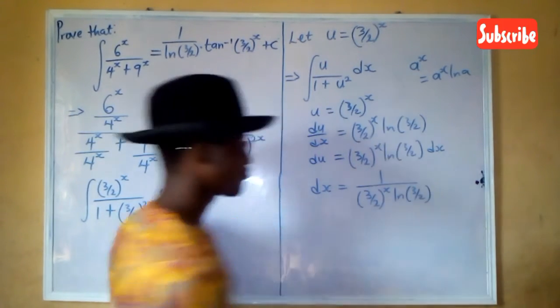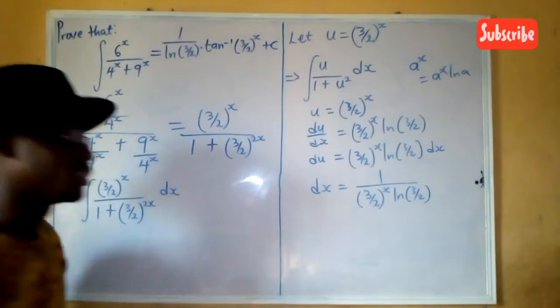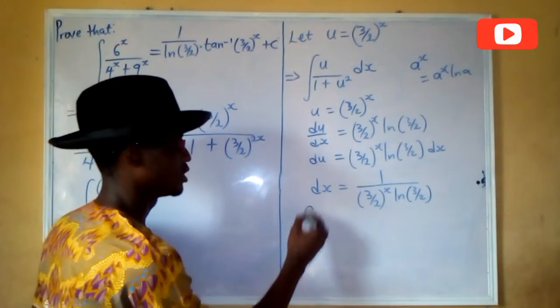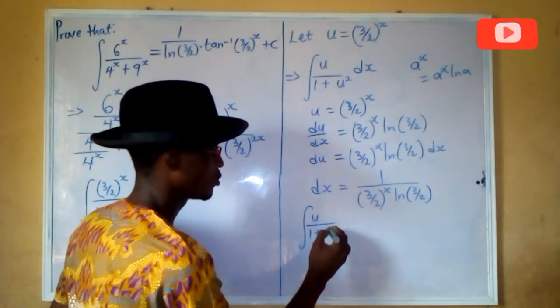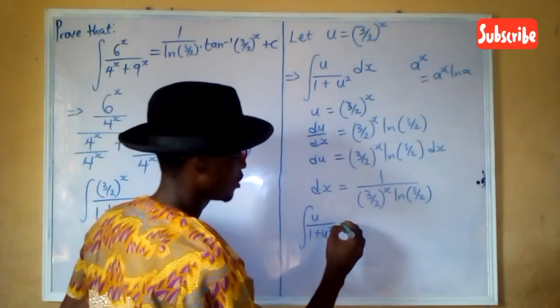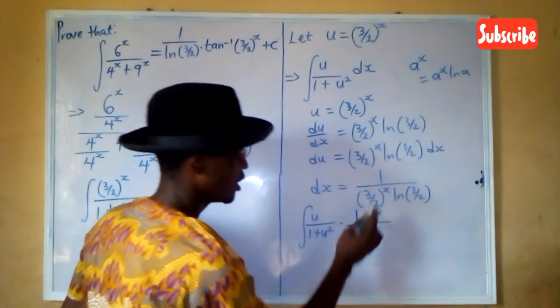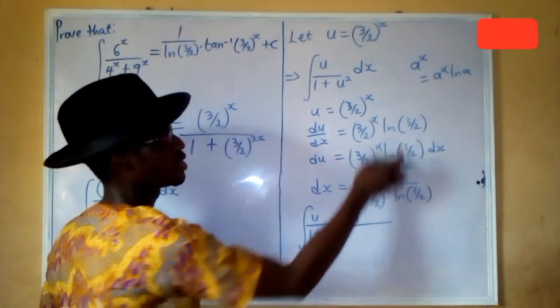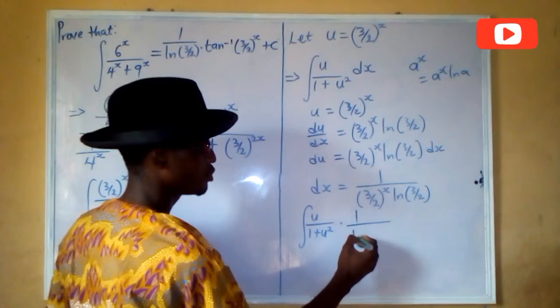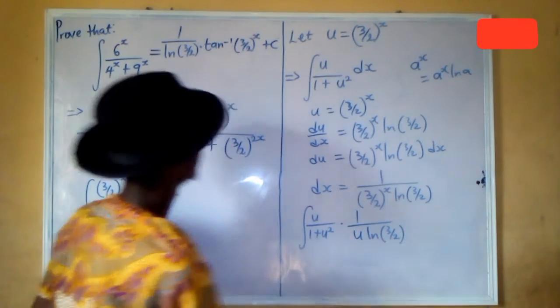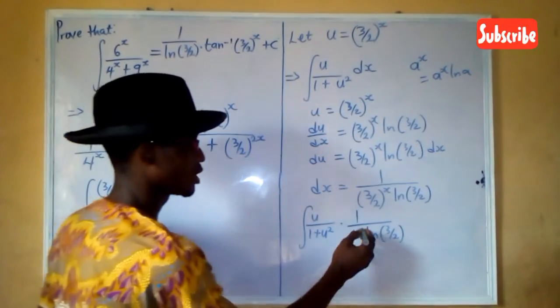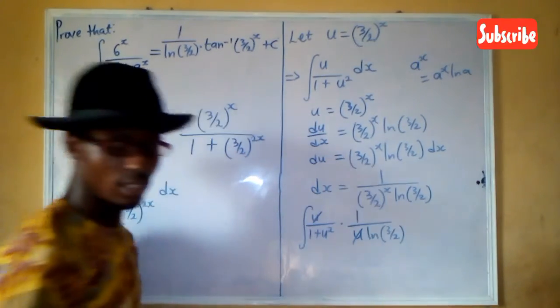We can put that into the integral, so we have the integral of u all over 1 plus u squared. The dx becomes 1 all over, and don't forget (3/2) raised to the power x is u, so we can put u here in place of (3/2) to the x. So this can go with this.